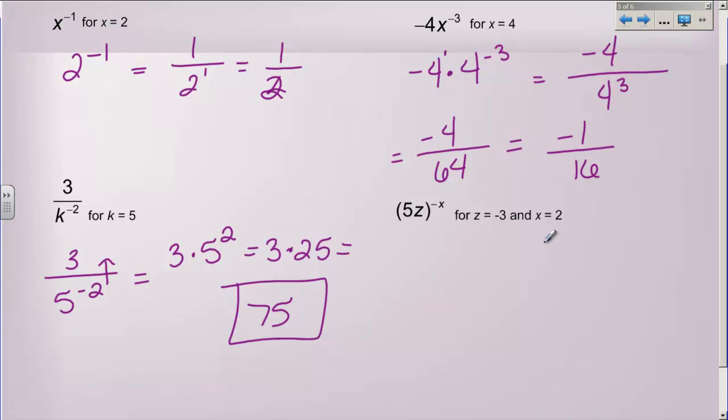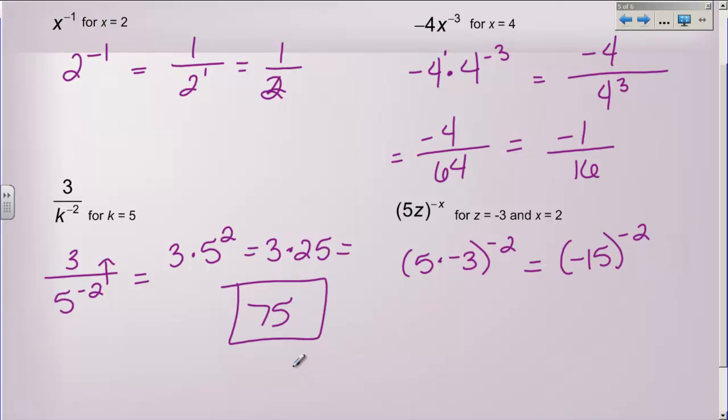So one last one, and these parentheses here are going to be really important. Don't lose them. Don't lose track of them. We're going to plug in what we know. So I have 5 times z, which happens to be negative 3, to the negative x power, so that becomes negative 2. Well, 5 times negative 3 is negative 15 to the negative 2 power. Since this is in parentheses, that means negative 15 times negative 15.